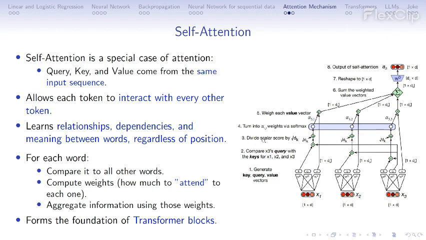So you got the dot product. And what is the third level? We divide the scalar score by the square root of the dimension of the key, the length of the k. So this is a normalization task, and then turn into alpha ij weights via softmax. Afterwards we apply softmax and we multiply each with the value. Here we weight each value vector.